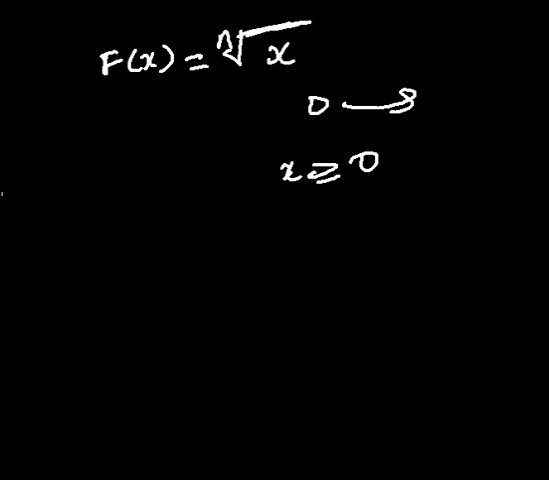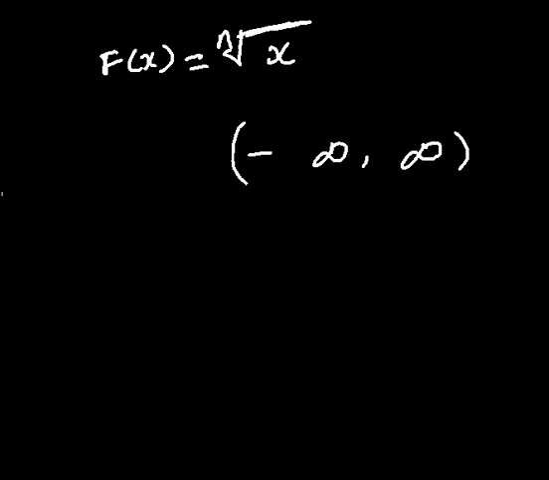But if n is an odd number, which is not an even number, then the input is any value we think about. So in other words, the roots with odd numbers accommodate positives or negatives.